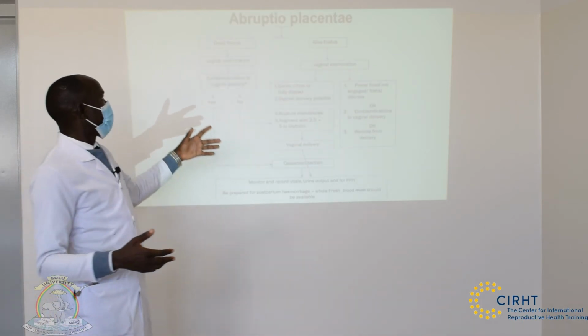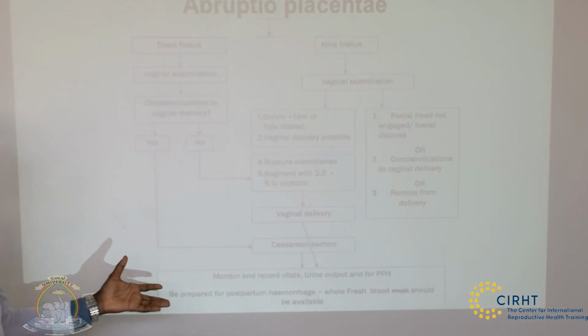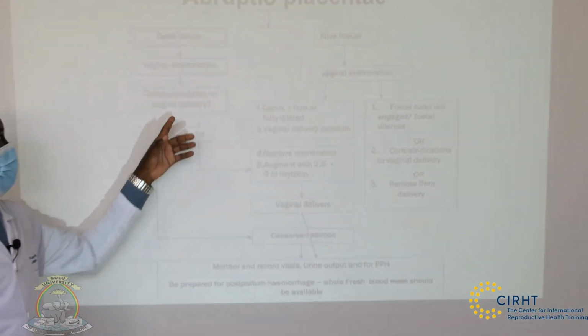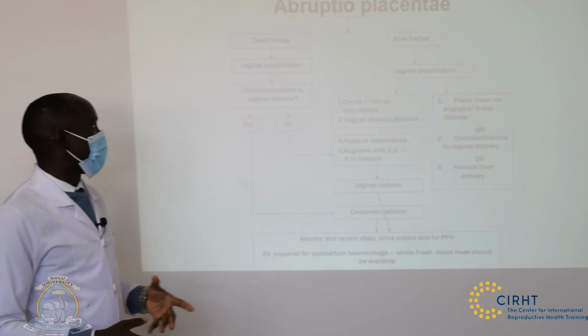What I've projected here is the algorithm for the management of abruptio placenta. In case you diagnose or suspect abruptio placenta, please try to find out whether the fetus is dead or alive. If the fetus is dead, unfortunately, then you can do a vaginal examination, and therefore decide what mode of delivery you can ascertain.